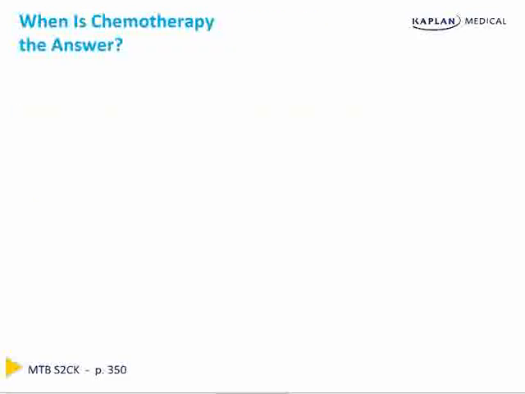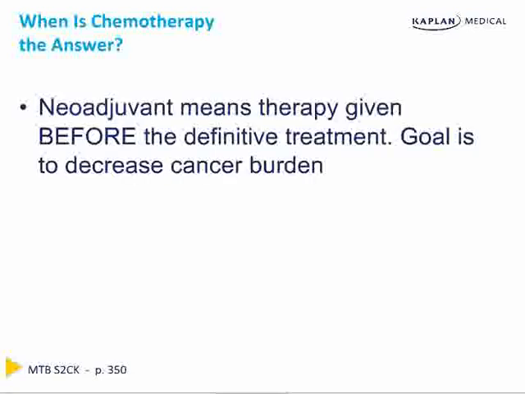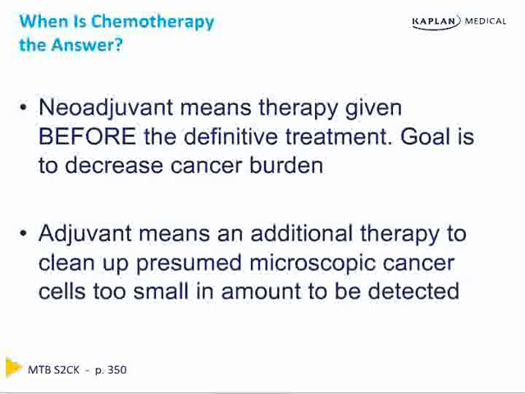Not all women with breast cancer need chemotherapy, but when chemotherapy is given, it's either given before or after the definitive treatment, which in the case of breast cancer is surgery. Neoadjuvant means that the therapy is given before definitive treatment, and adjuvant means that chemotherapy is given after the definitive treatment.